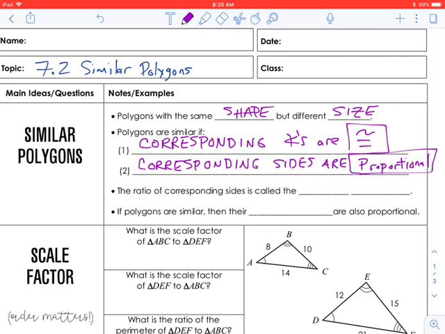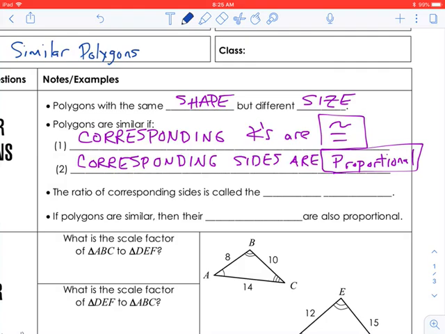So you got to really make sure those two things are true for them to be similar.